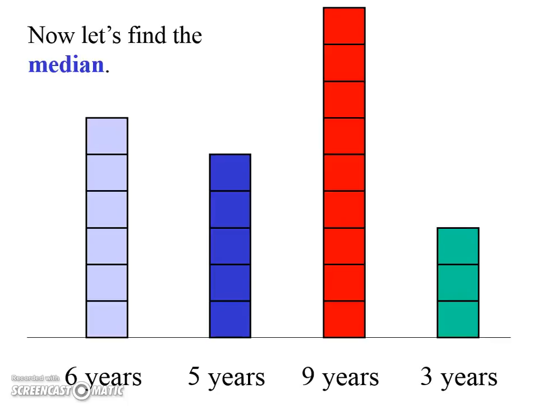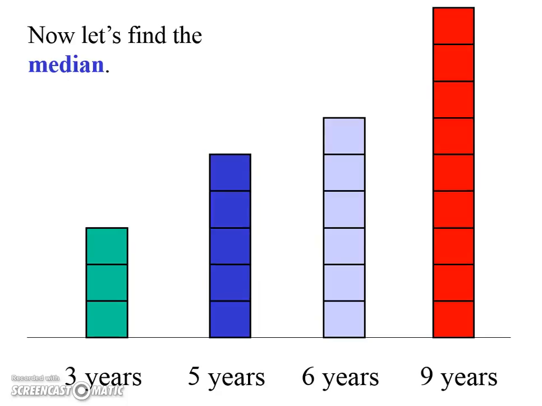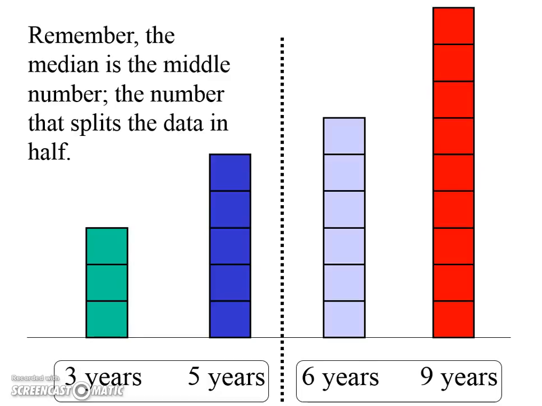Let's find the median. First, we need to put them in order from least to greatest. And find the center. Now you might notice, because median is the middle number and it splits the data in half, but in this case there isn't a middle number because there's an even number of data items.